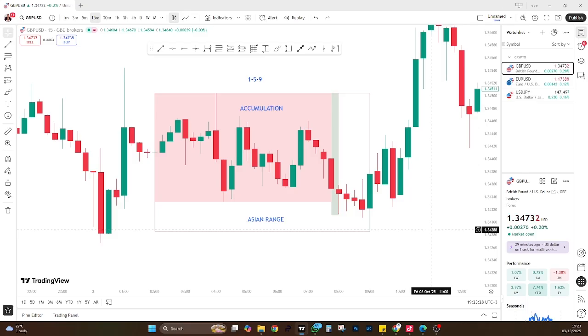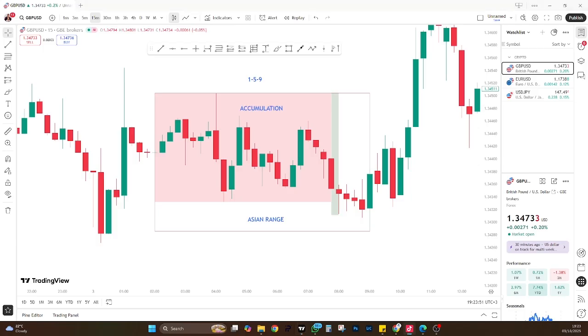2 a.m. to 7:50 a.m. is the interim Asian ridge. Between 7:50 a.m. and 8 a.m., one side of the interim Asian ridge will be taken out. One side.